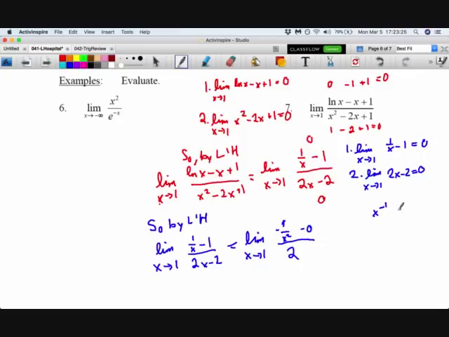Work it out. See? Okay, I just simplified it. Now we're getting negative 1 minus 0 on top, and the bottom is going to 2, so negative 1/2. And that's your final answer.